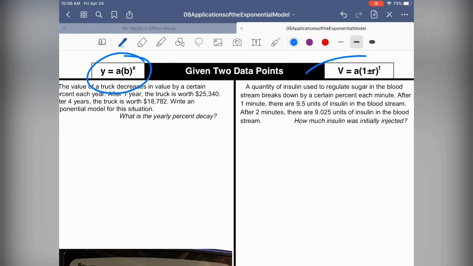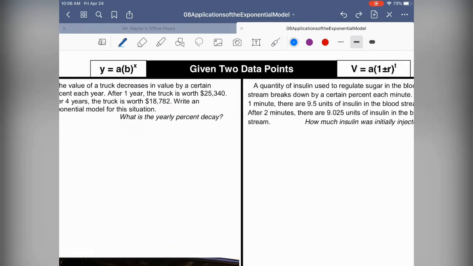But I want you to realize from today's lesson that we can also describe that using the form y equals a(1 plus or minus r) to the t. So we can talk about the exponential model in 2 forms, and it depends on the problem as to which one we will choose to use. You're going to find out for this scenario that we're actually going to want to choose the simple form.